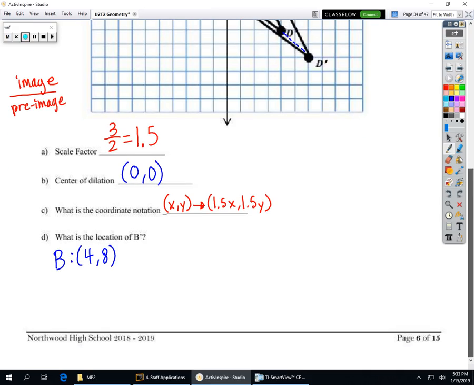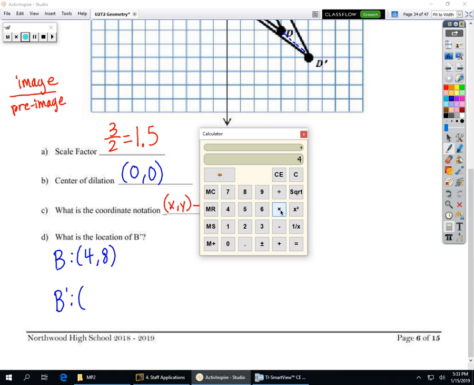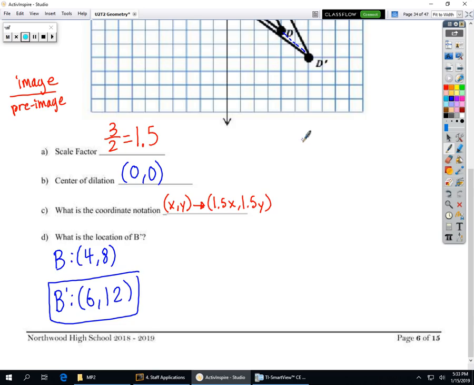If I want to find B prime, I need to multiply each of these by 1.5. 4 times 1.5, you can just calculate it. That's 6. 8 times 1.5, 12. So, there we go. And I use the scale factor to find that point.